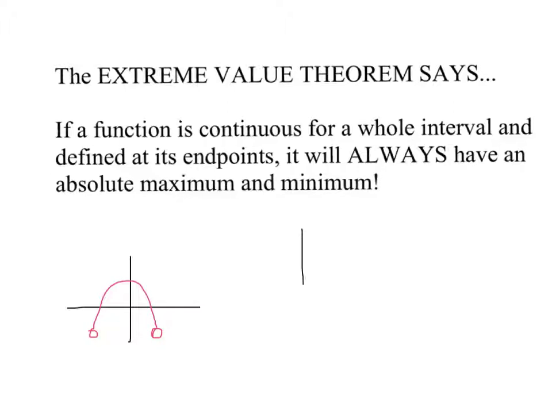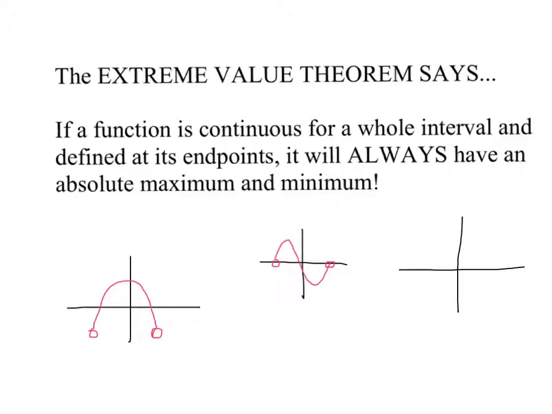If I had something like this, let's say it wasn't defined here, went up, came back down, came back up, and it wasn't defined at its endpoints, it still has a maximum and a minimum. The extreme value theorem just says defining the endpoints ensures that it will. But it might have a maximum or a minimum if it didn't have defined endpoints.